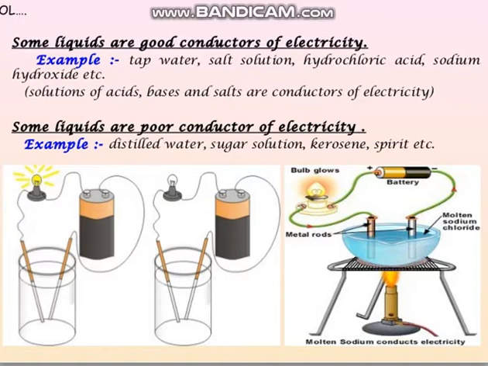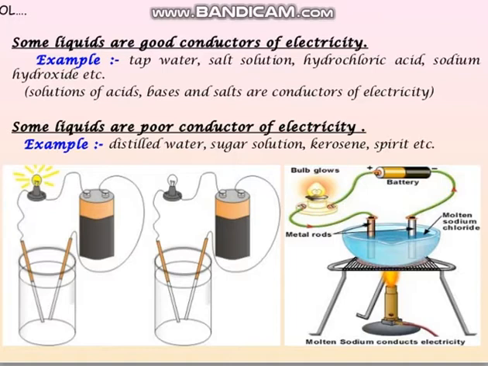So the conductivity is less, and the electricity required to glow the bulb is not produced in the case of a liquid. If we use a normal bulb, the solution may be a good conductor, but the bulb will not glow because enough electric current is not there.